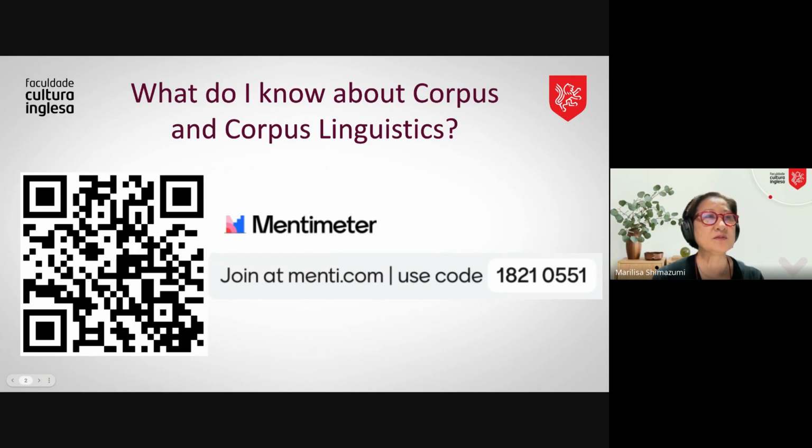So if you could access Mentimeter, and there is the code there. And there are a few questions. It's just for me to try out and see who my audience is, right? And I'm going to share our view here.